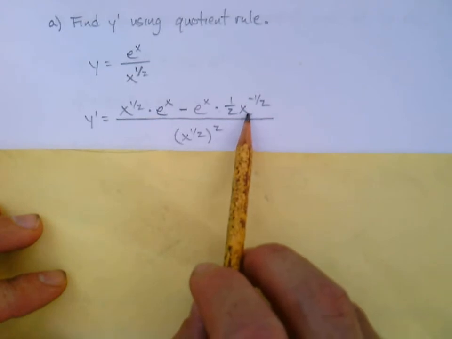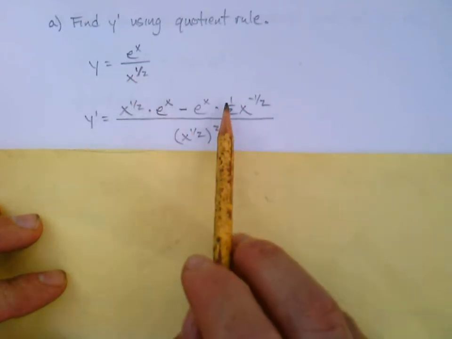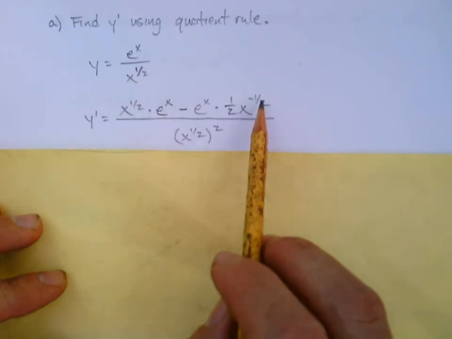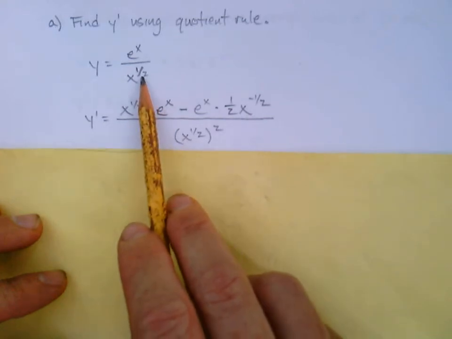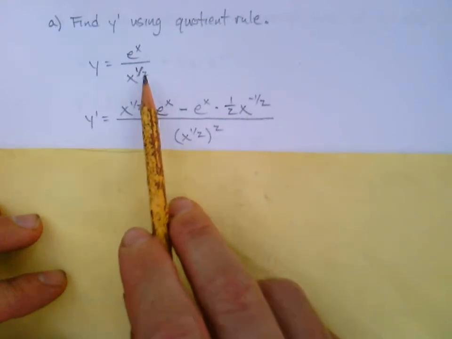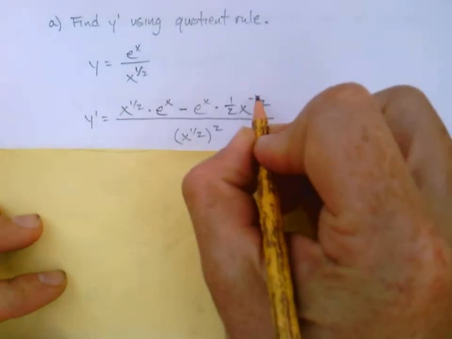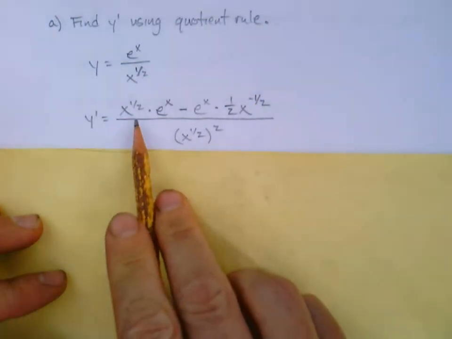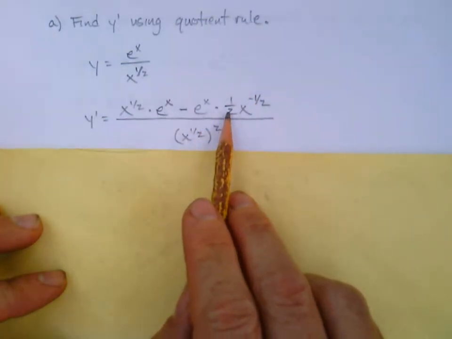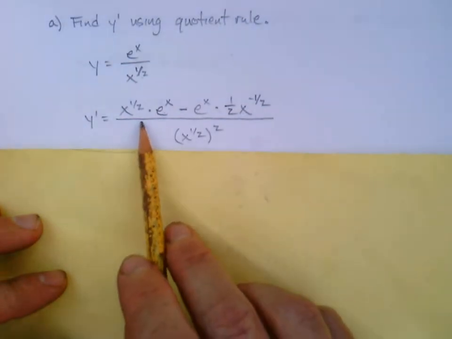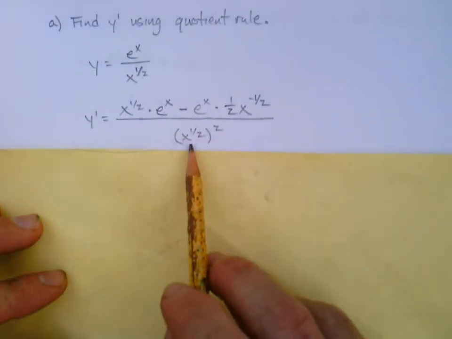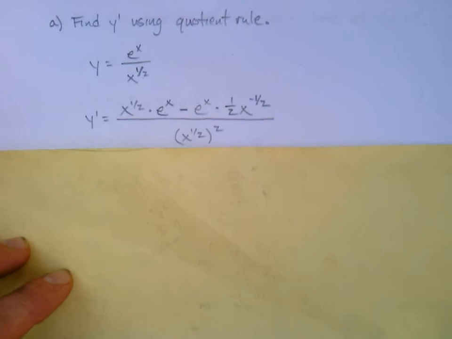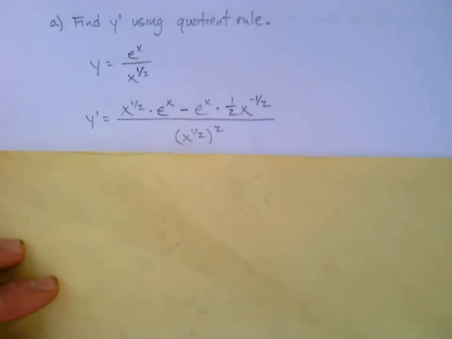Well, hey, now we got the power, so the 1/2 comes down in front. x raised, and we subtract 1, 1/2 minus 1 gives us negative 1/2. Low d high minus high d low, and it's all over the low squared, just like that. And there is your quotient rule. There's some simplifying we can do, but that's the calculus.